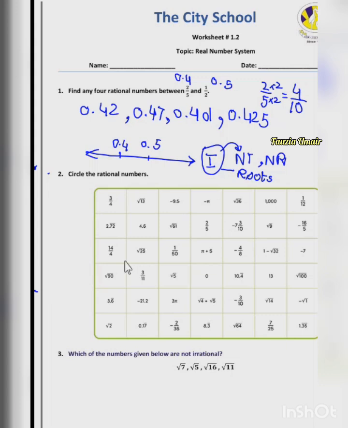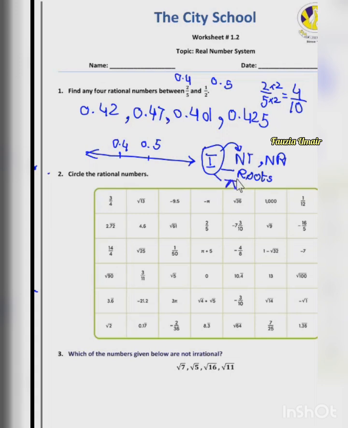We will discuss that also. The roots which are not solvable, by not solvable I mean which are giving you a decimal answer, those are also irrational, and non-terminating, non-recurring are also irrational. And there is a third thing which is pi.